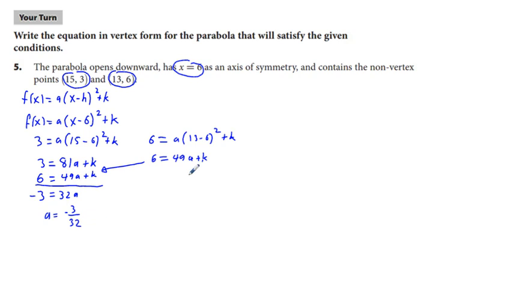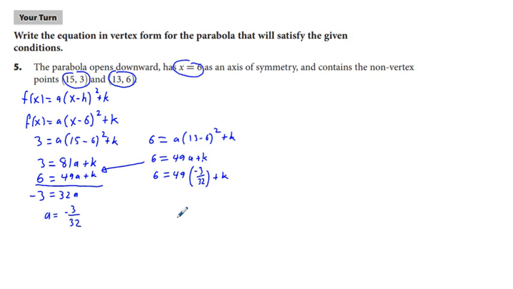And now we can just use this equation up here to solve for k. So if we put 6 equals 49 times negative 3 over 32 plus k.